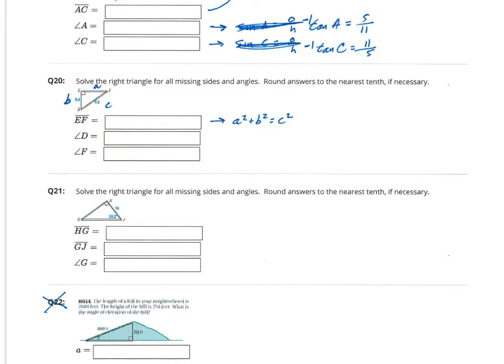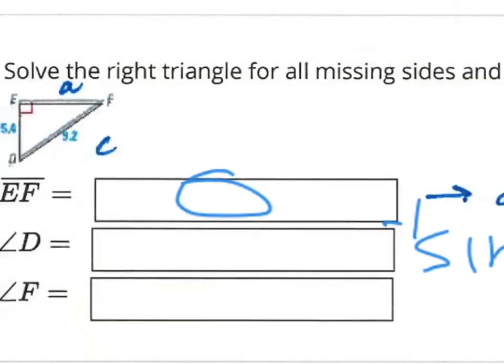And then to get angle D, this time I would use sine, the inverse sine of D equals opposite over hypotenuse. So whatever you get for side A over the hypotenuse, which is, I think, 9.2. Yeah, looks like 9.2.